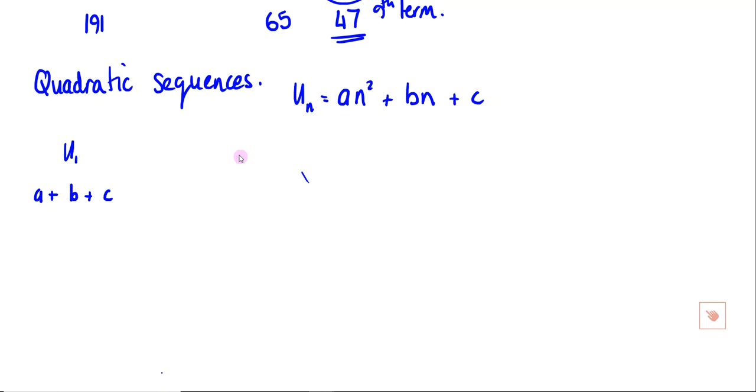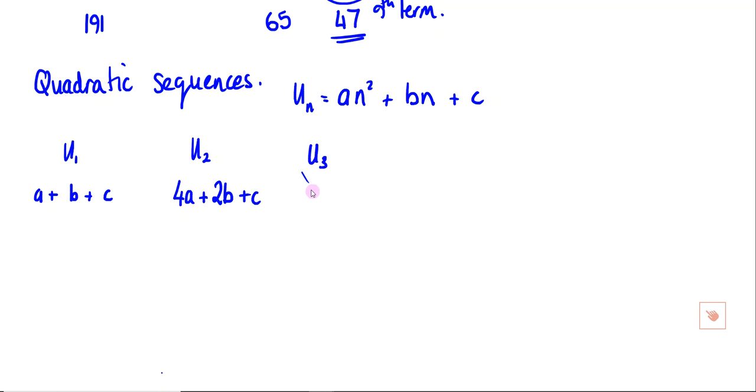What would the second term in the sequence be? 4a plus 2b plus c. Good.